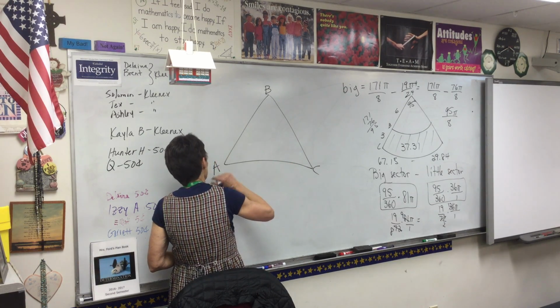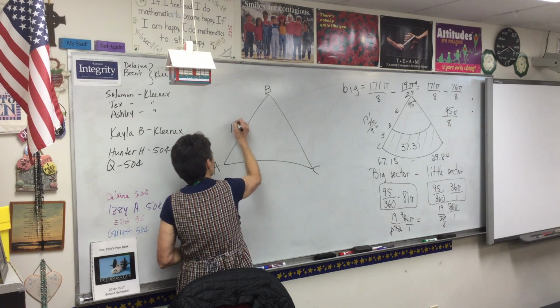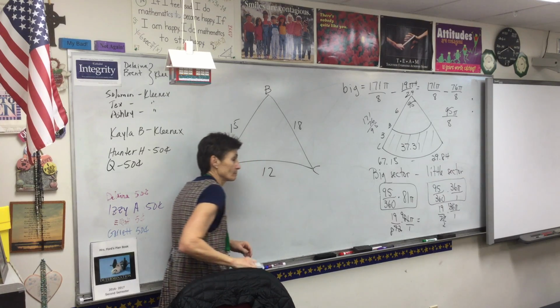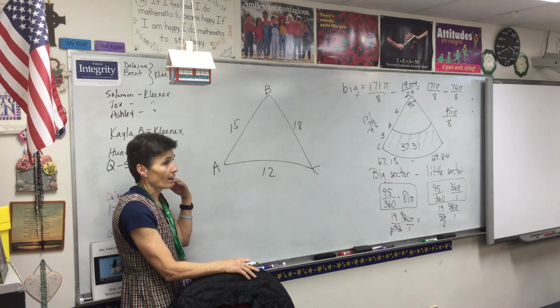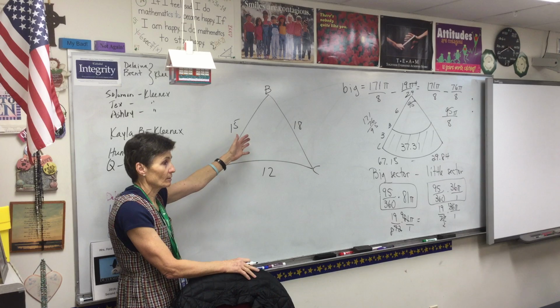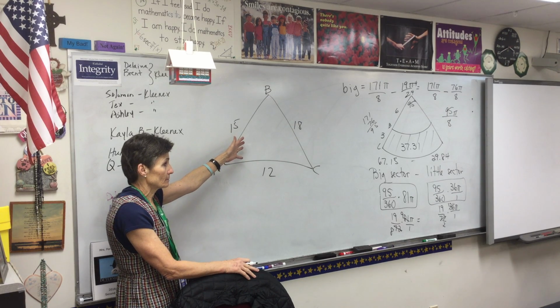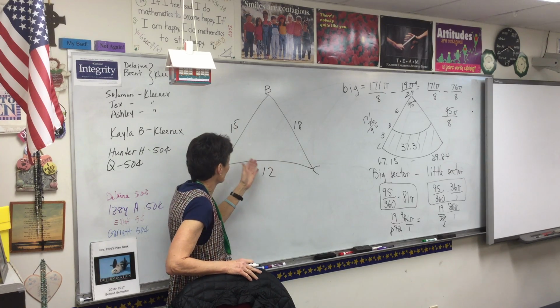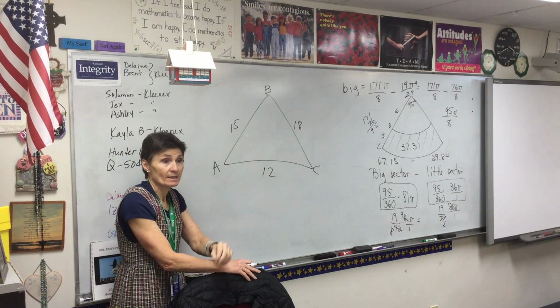So let's say we know this is 15, and this is 18, and this is 12. And your job is to solve that triangle. Which basically means I know all the sides already, so I have to find all of the angles.